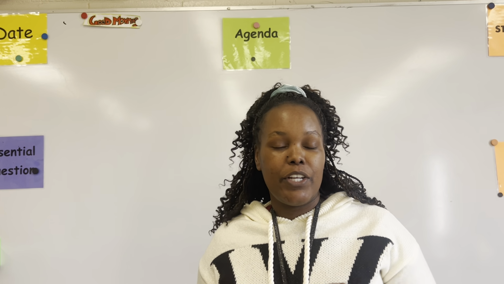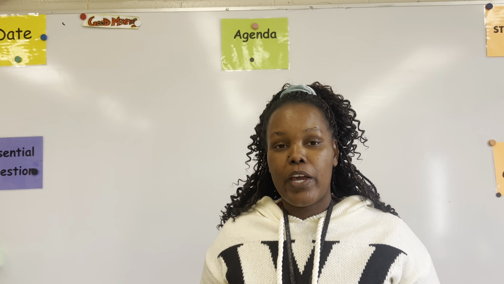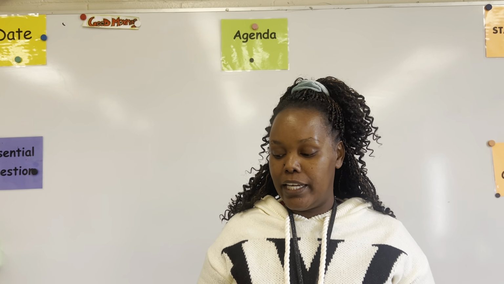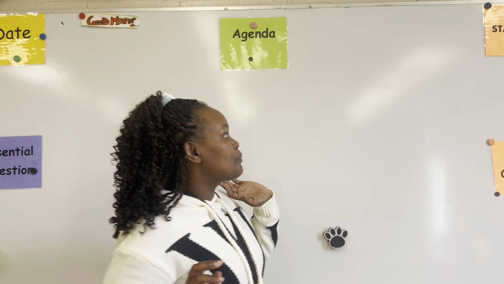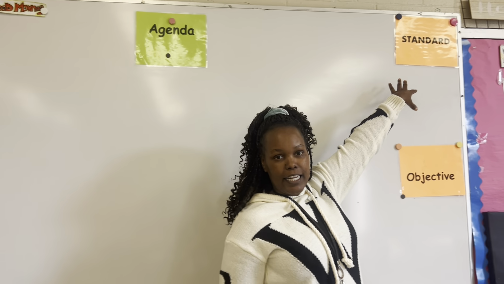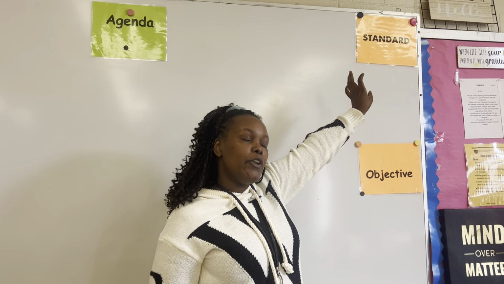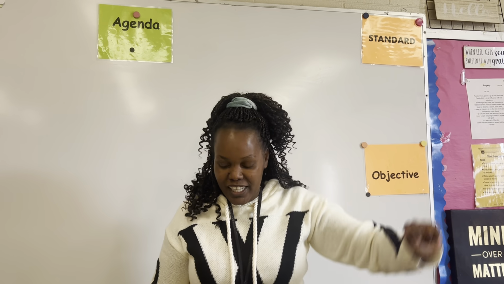So on today's video, I'm going to show you guys how a regular classroom teaching would be. Now on my board, we have what we call standard. Now a standard is the numerology of what you're teaching. I'm going to show you what I mean.